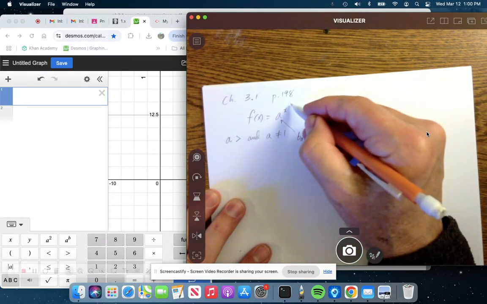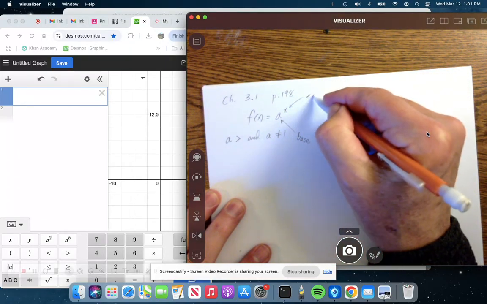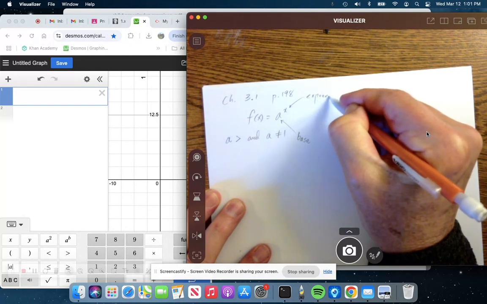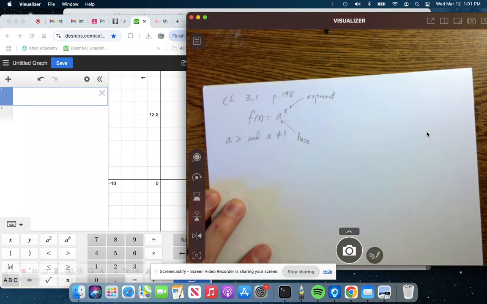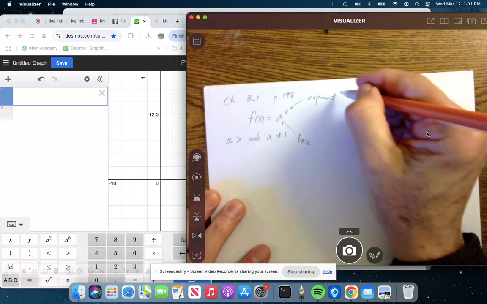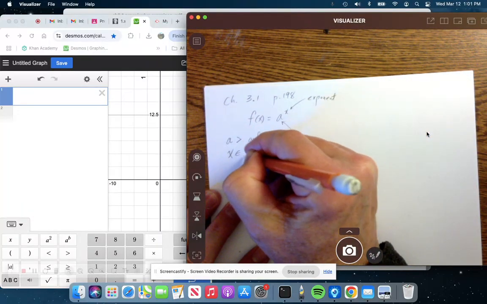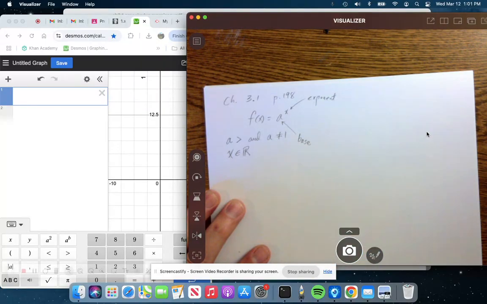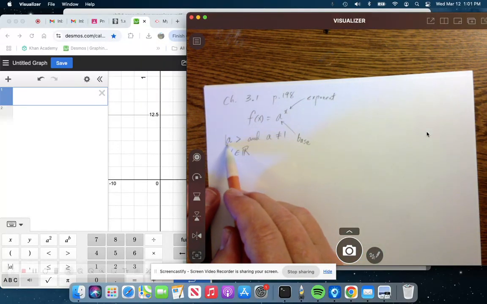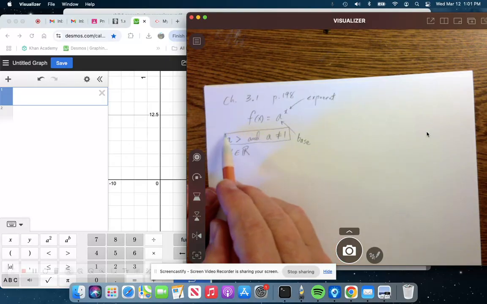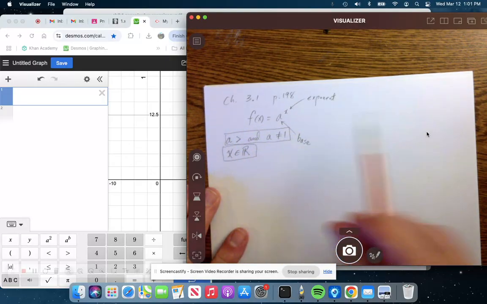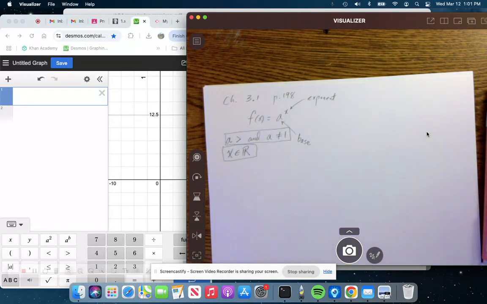Your exponent, x, can be any real number. So x can be an element of the real numbers. Okay, so there's a restriction on a and a restriction on x. And I'll just graph some to give you an idea why that is.